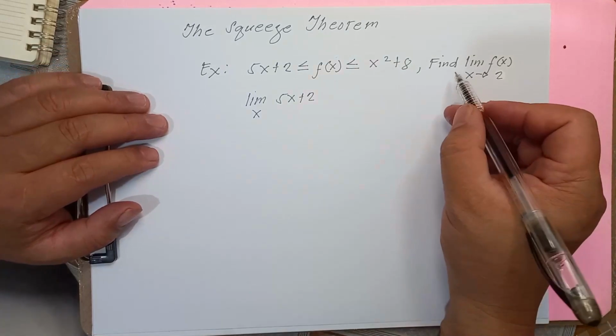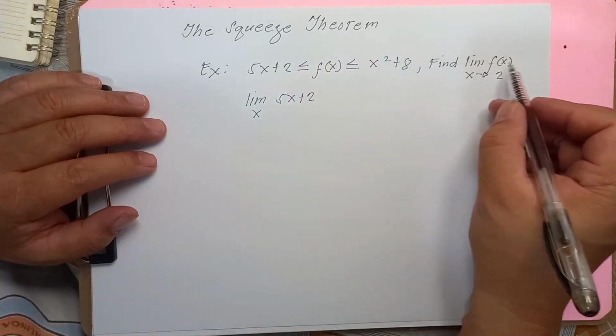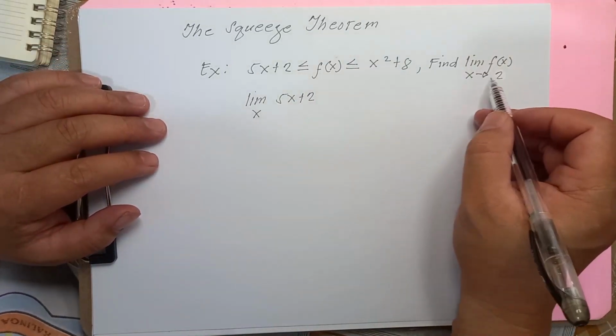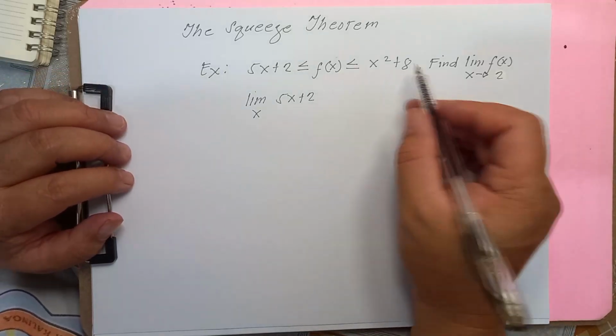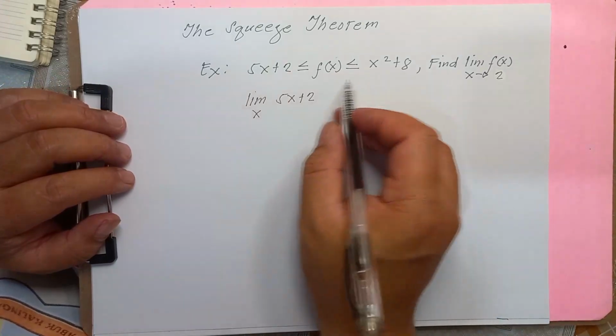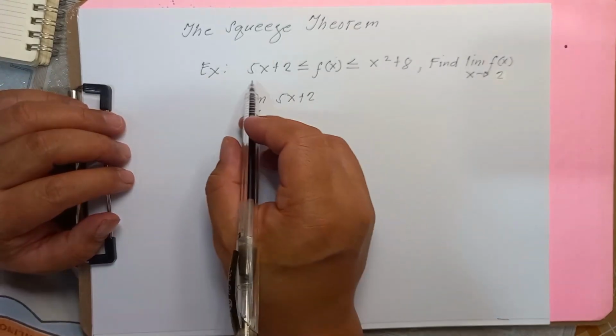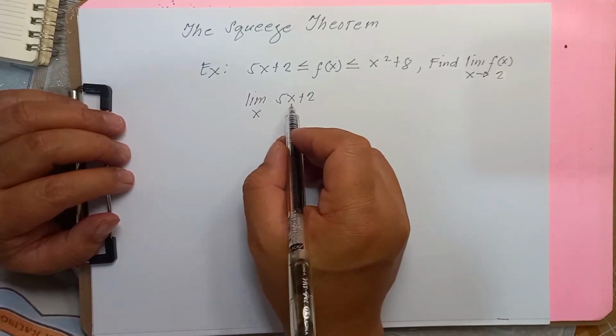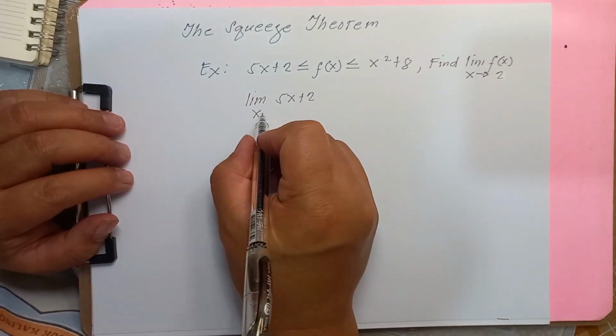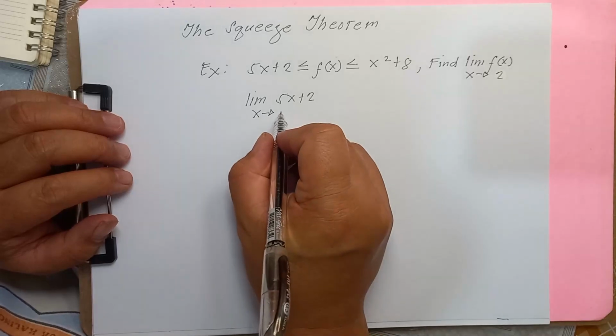Now our problem says find the limit of f of x as x is approaching 2. So we are going to convert them all into limit notation, so this must be the limit of 5x plus 2 as x is approaching 2.